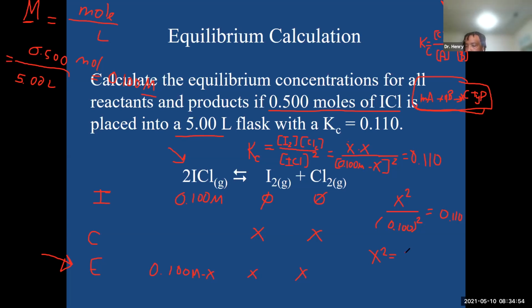So we get x squared equal to 1.1 times 10 to the minus 3, and we get x equal to 0.032 molar.